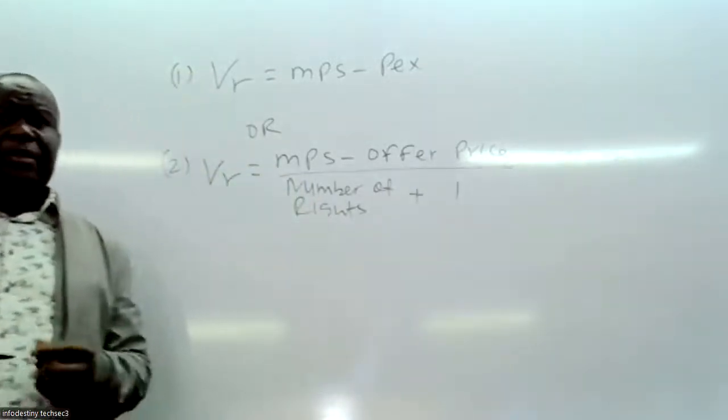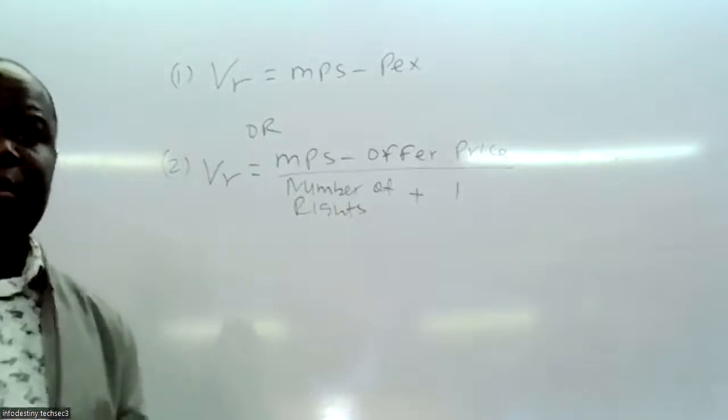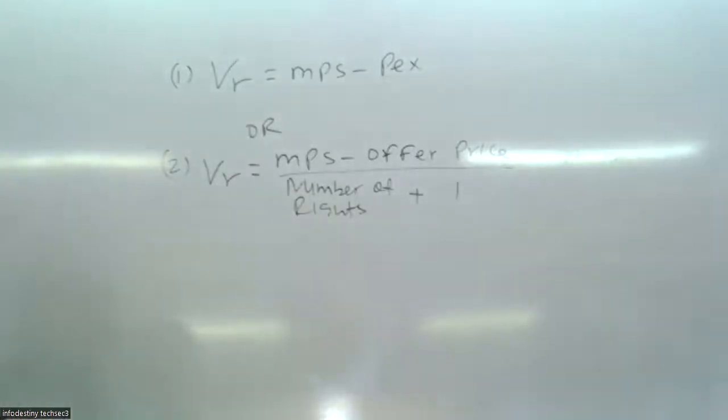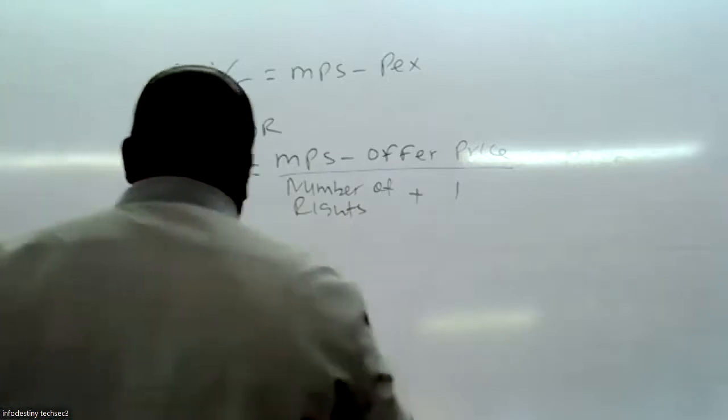So the formula is market price per share minus the offer price, divided by number of the rights plus one.